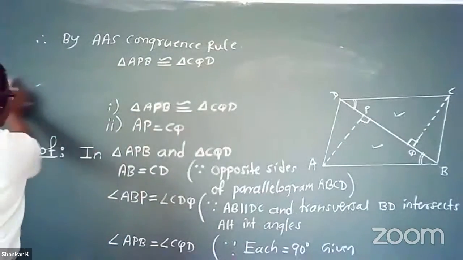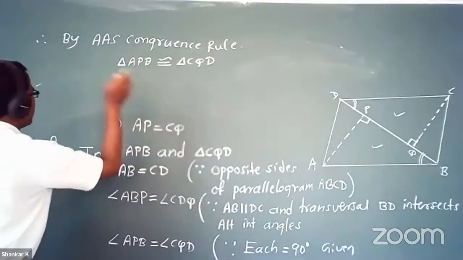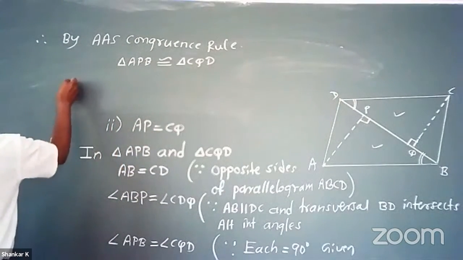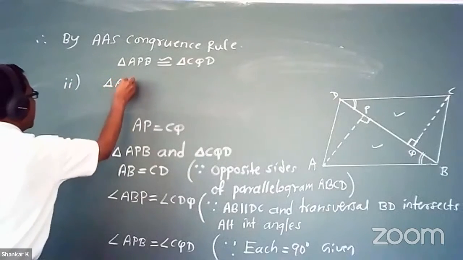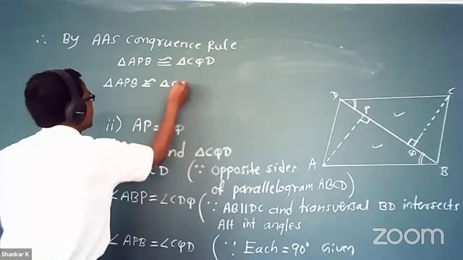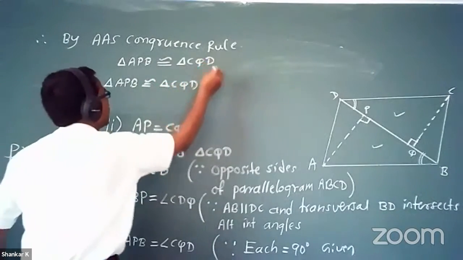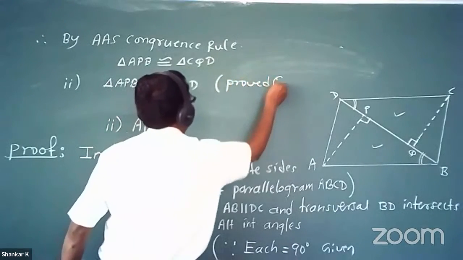Second part, this one. We should prove AC equal to CQ. Second point. Triangle ACB is congruent to triangle CQD. It is already proved in 1.